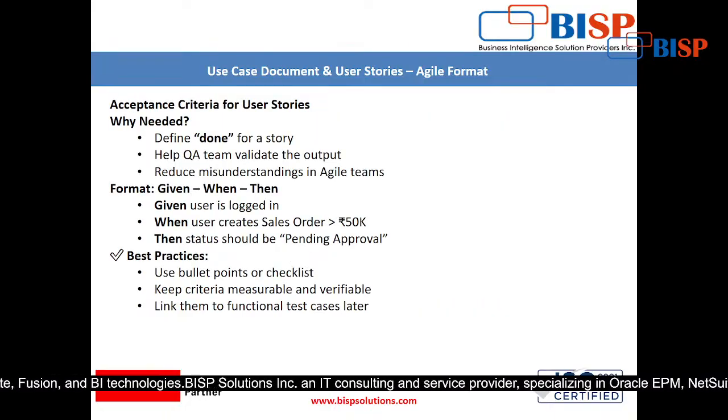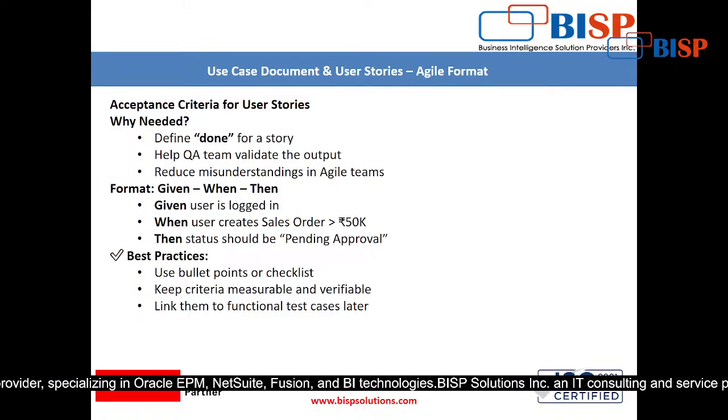Now what will happen once things are done? I will define that this user story is done, the system is behaving as per the use case, right? So when the quality analysis team validates the output, they will check the same thing that is written in the use case and the user story.